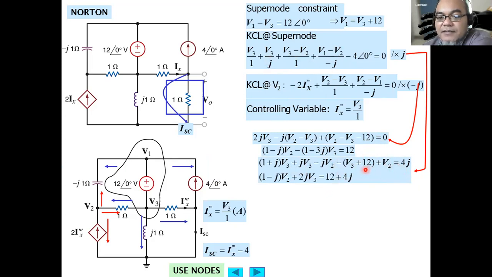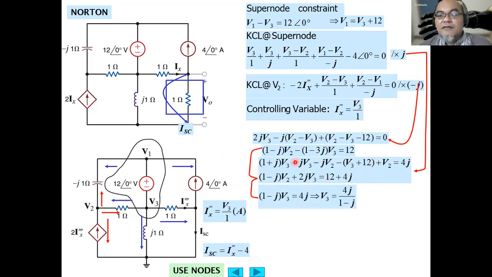Then we simplify this and it becomes 1 minus J V2 plus 2J V3 equals 12 plus 4J.